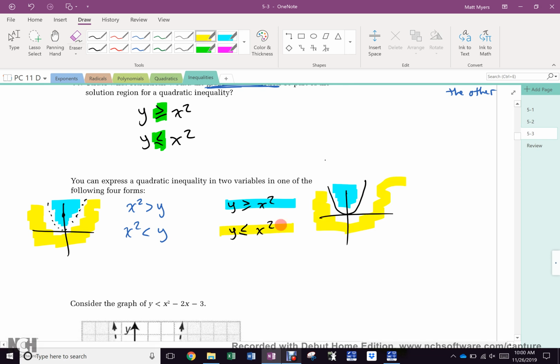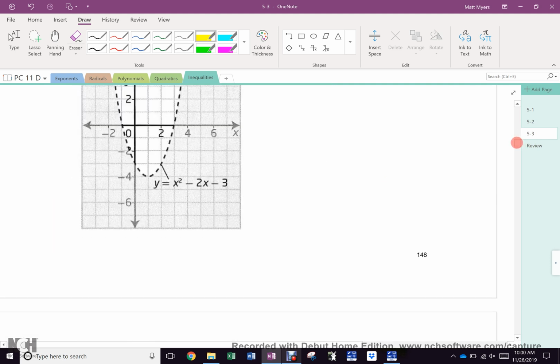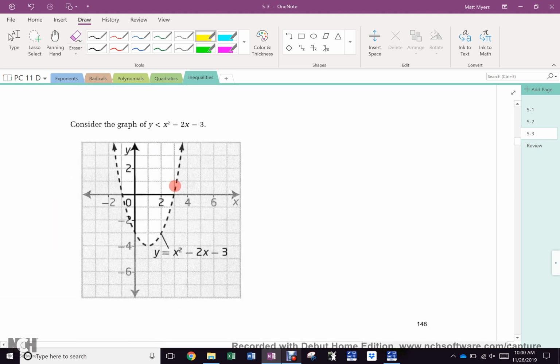Are we all good? It's exactly the same as the line, yes? All right. There's a graph. Now, it's hard for you guys to see. It probably didn't photocopy very well. This is the shaded area, right? Everyone cool?